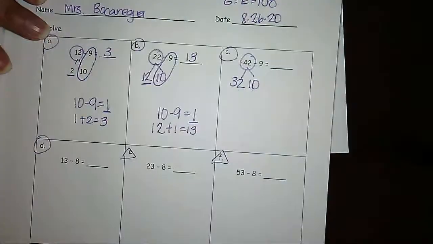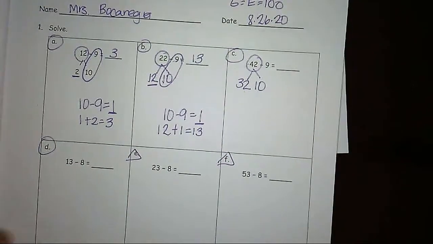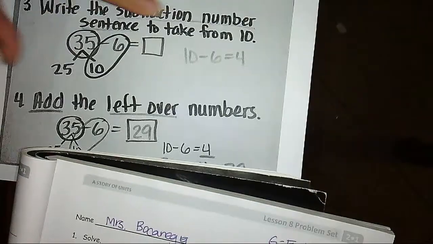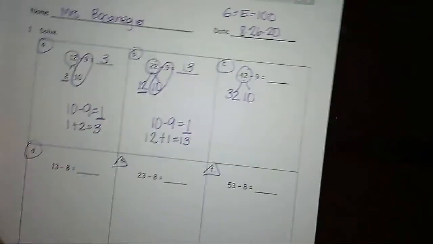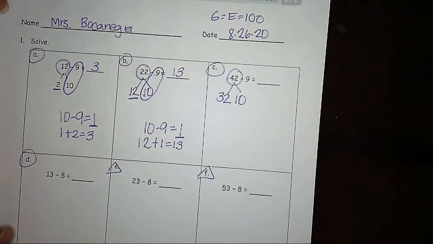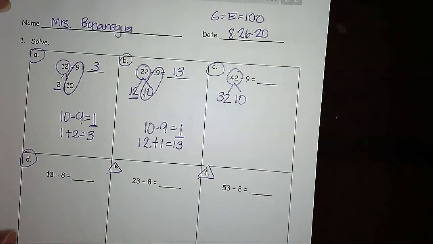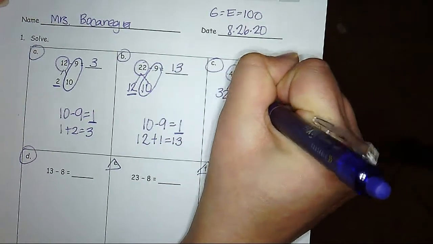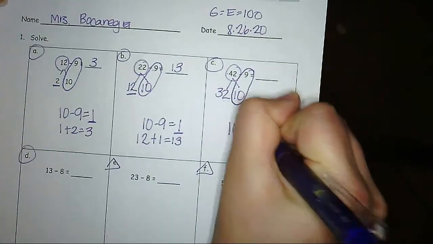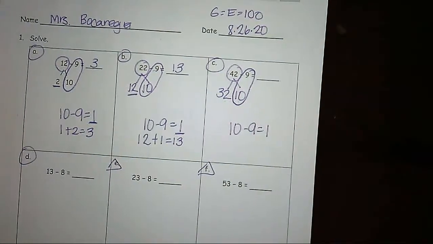Part and a whole. Step number 3, write the subtraction number sentence. Do it. And here's what you should have. 10 minus 9 equals to 1.